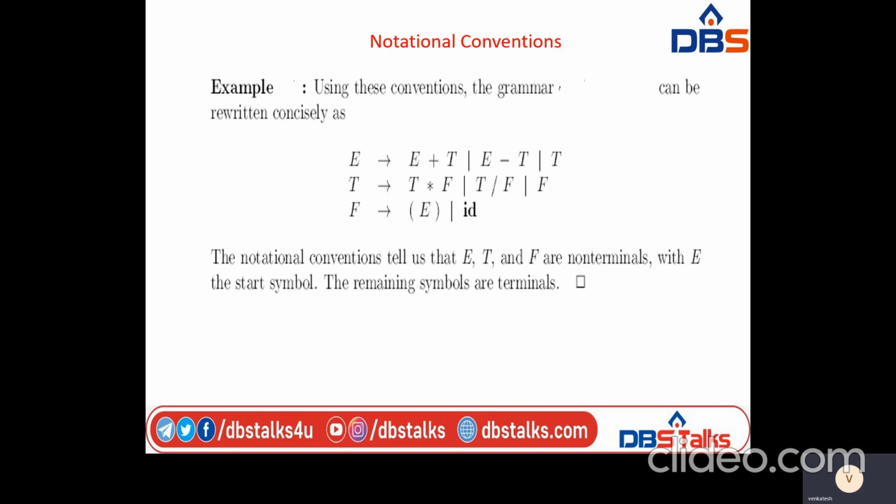T produces T star F, term star factor, or factor. Factor F produces E, that is expression, or ID. The notational conventions tell us that E, T, F are the non-terminals with E as the starting symbol. Why? Because in this CFG, E is the starting symbol, and the remaining are non-terminals.